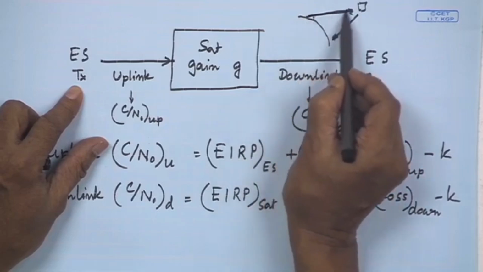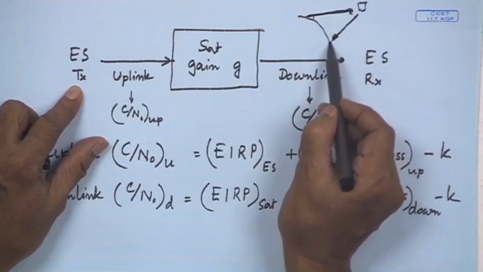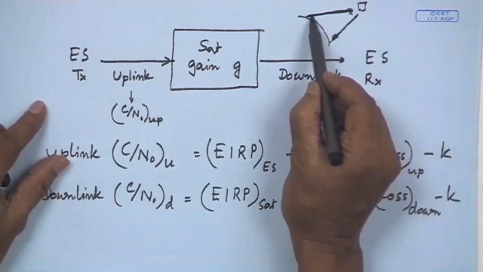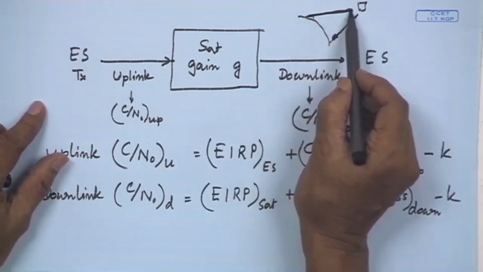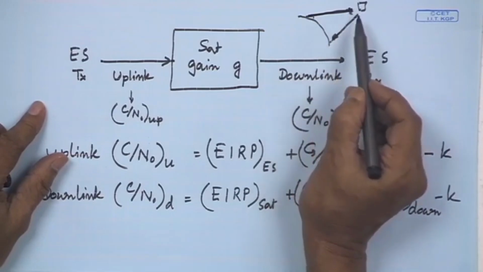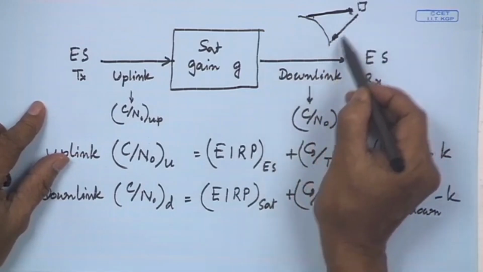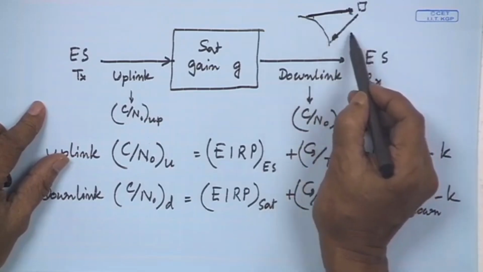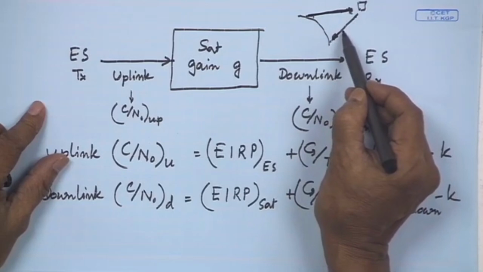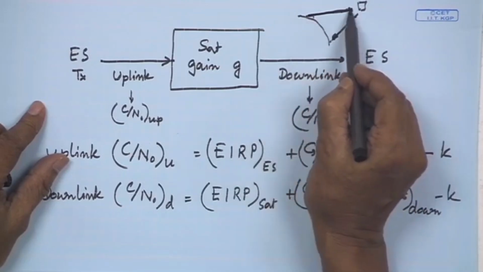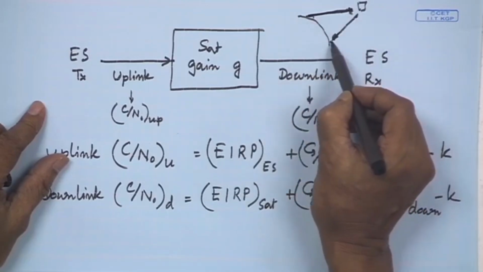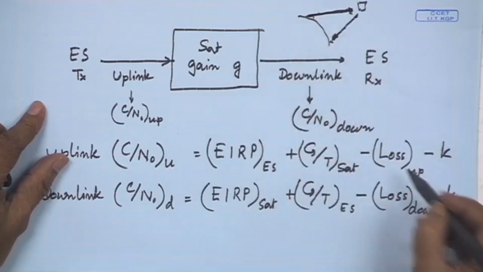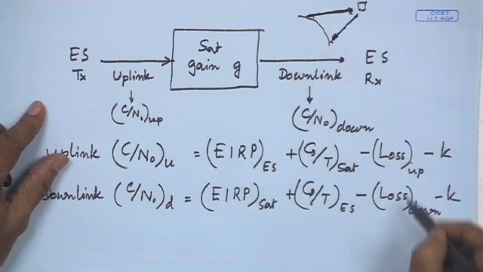So, the uplink distance and downlink distance may or may not be the same, and the uplink frequency is higher, as we have seen per ITU regulation, and the downlink frequency is relatively lower than the uplink frequency. So, lambda is different. So, uplink path loss and downlink path loss, because of their range difference and frequency difference, may not be the same.